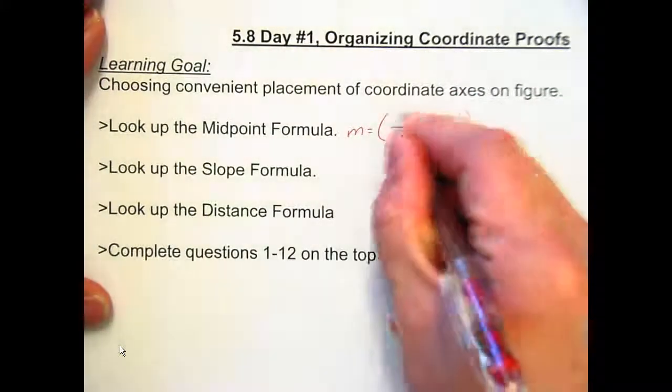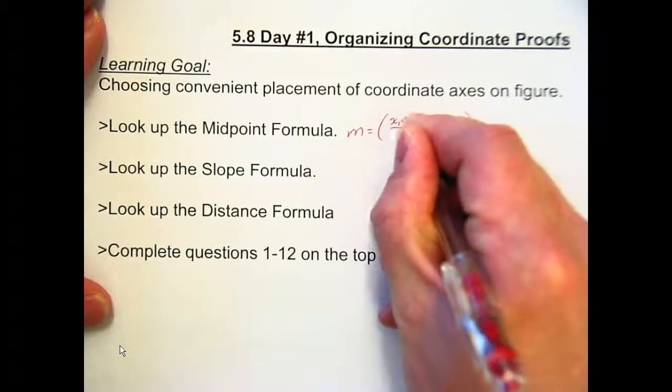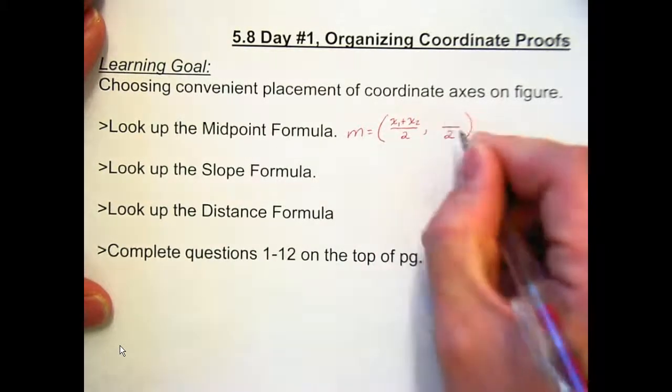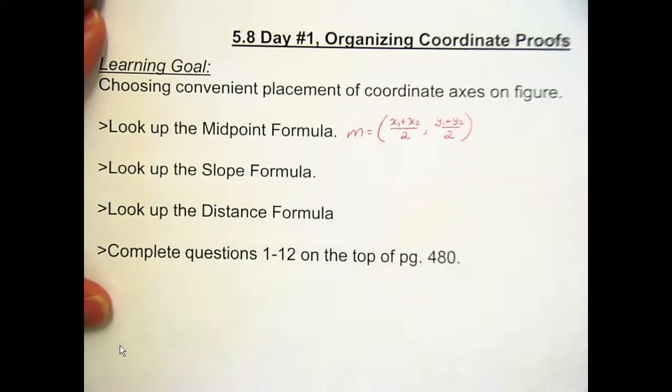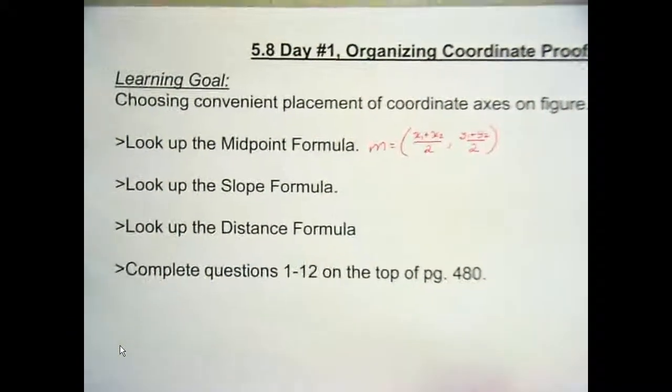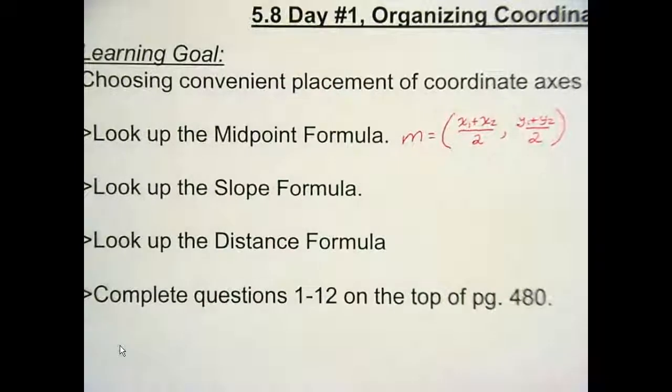What is this? X1 plus X2 divided by 2 and Y1 plus Y2 divided by 2. Okay? That is our midpoint formula. It's a coordinate of the midpoint.